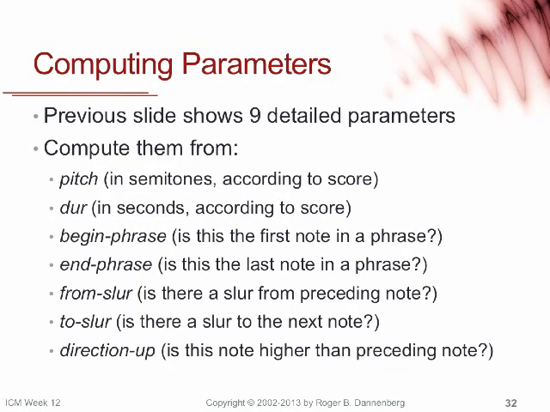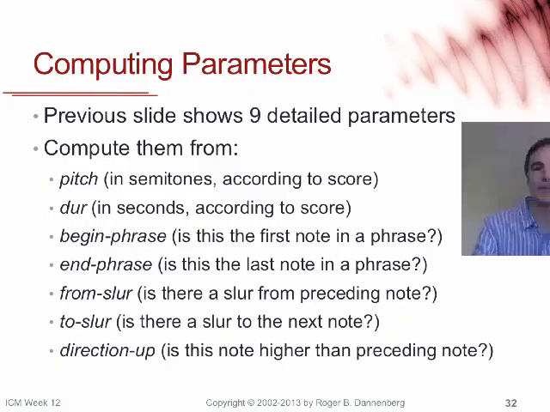That slide had 9 detailed parameters, and we compute these parameters from pitch, duration, whether or not we are at the beginning of a phrase or the ending of a phrase, whether we are coming from a slur or the note is slurred to the next note, and also whether the pitch direction is up or down.